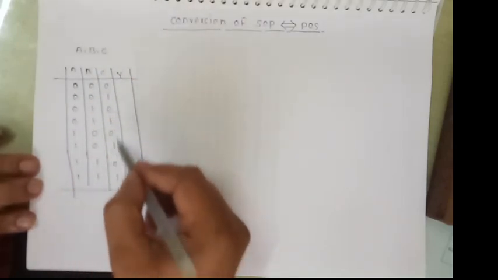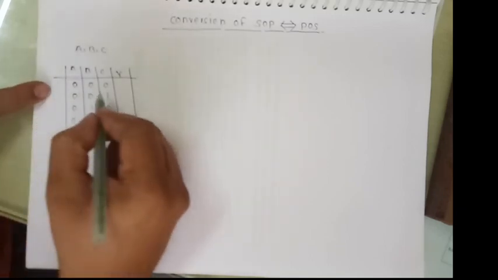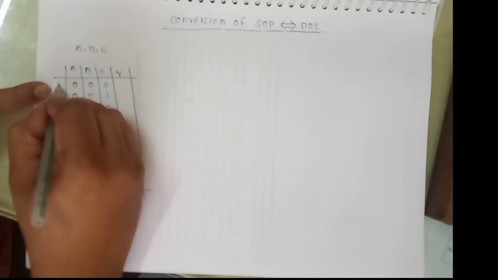Now always remember how many possible combinations you get for different numbers of variables. Here the input variables are 3, so the possible cases are 2 raised to 3, which is equal to 8. If you see this table, how many combinations are there? First, second, third, fourth, fifth, 6, 7 and 8.